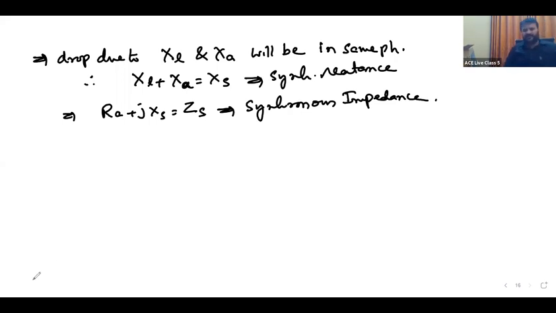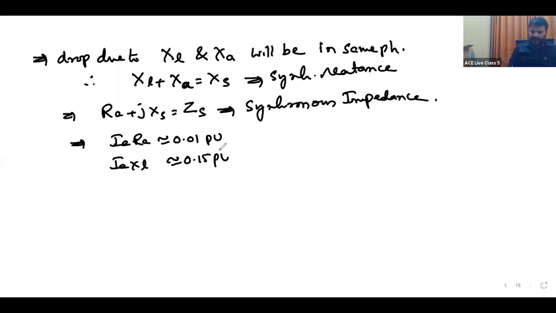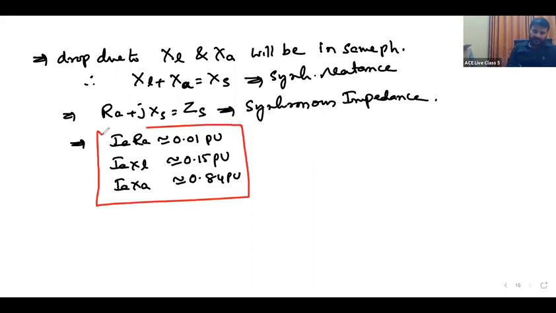Among all these drops, the IA RA drop will be 0.01 per unit. The IA XL drop is 0.15 per unit. The IA XA drop is 0.84 per unit. Right? These are the practical values.